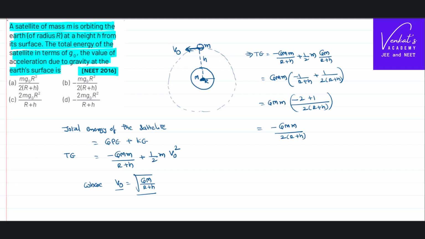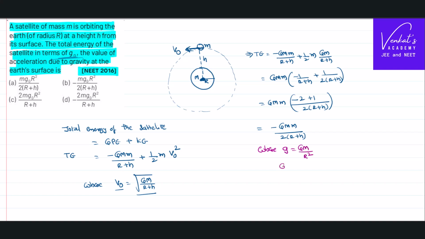But he wanted it in terms of g naught. What is that g naught? That's the relation between small g and capital G. When the body is at a particular place, here we can write a relation between small g and capital G: g equals GM by r square.